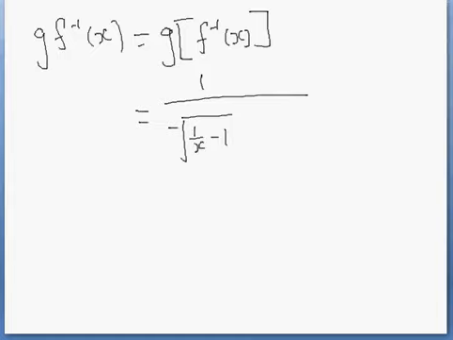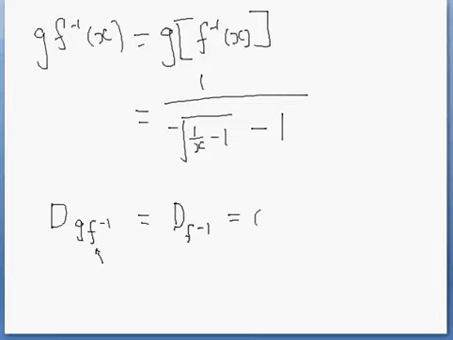And take note, whenever we are talking about function, we need to take care of the domain. In this case, the domain of the composite function is the same as the domain of the first function. So this is the same as the domain of f inverse, which is equals to 0 to 1.